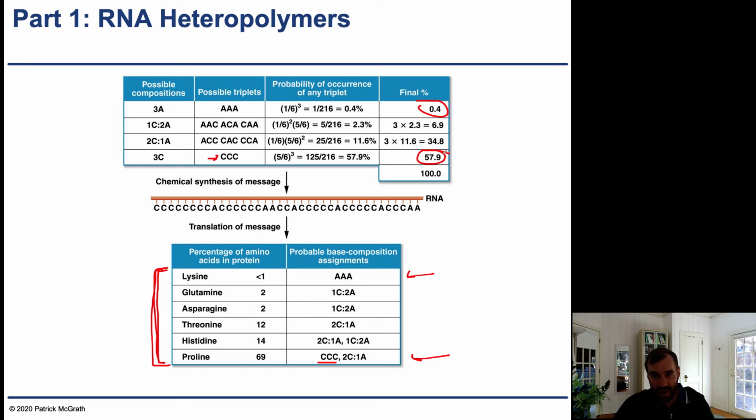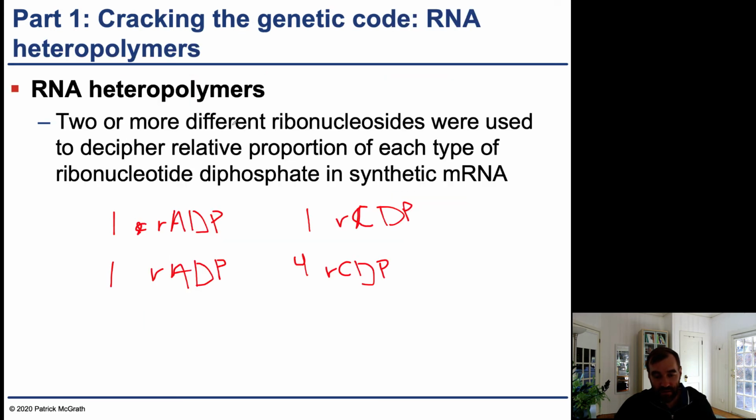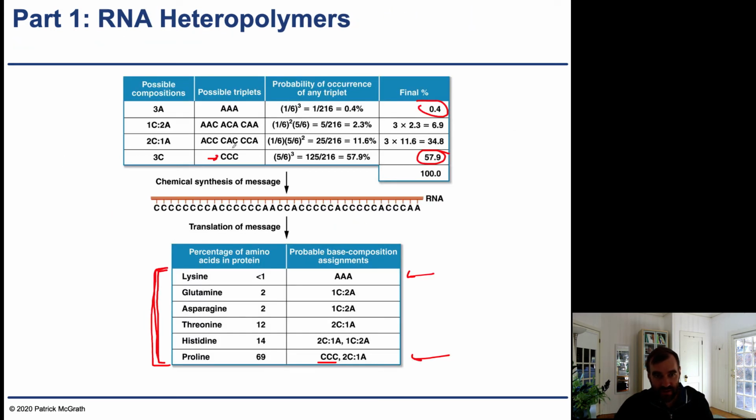And so if you add up the 57.9% and you ask, if there's one of these other codons that might produce a proline, what makes the most sense in terms of the amount being generated?